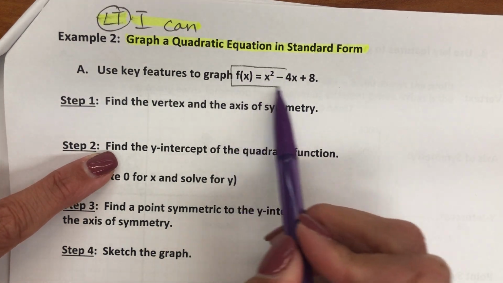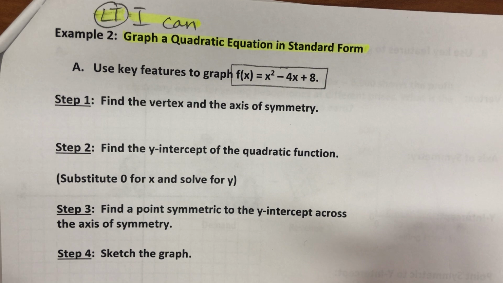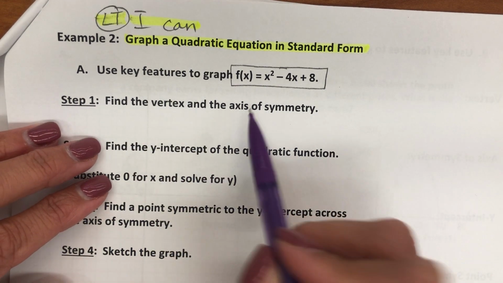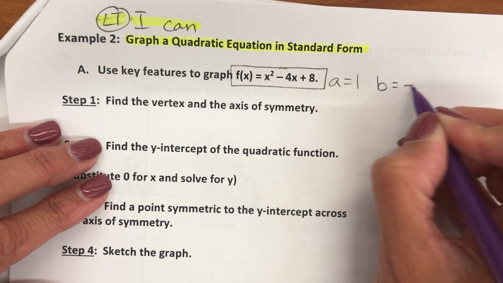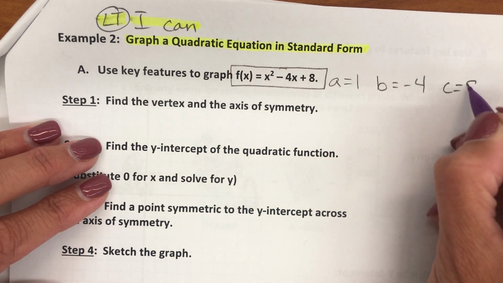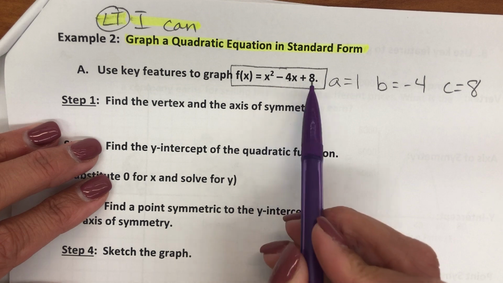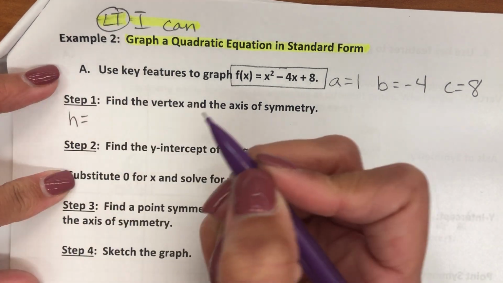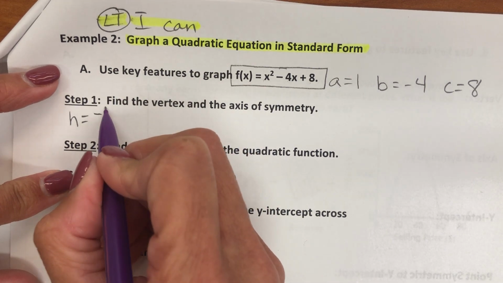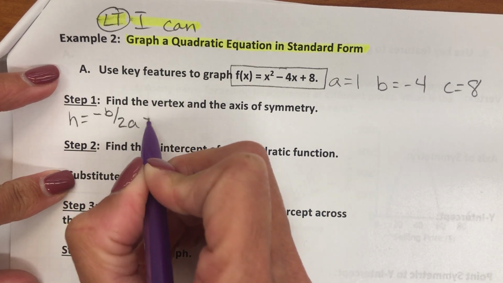So here's our quadratic given to us. To find the vertex, we first want to identify a, b, and c. And then we're going to plug it in to find h. Remember, h is negative b over 2a.